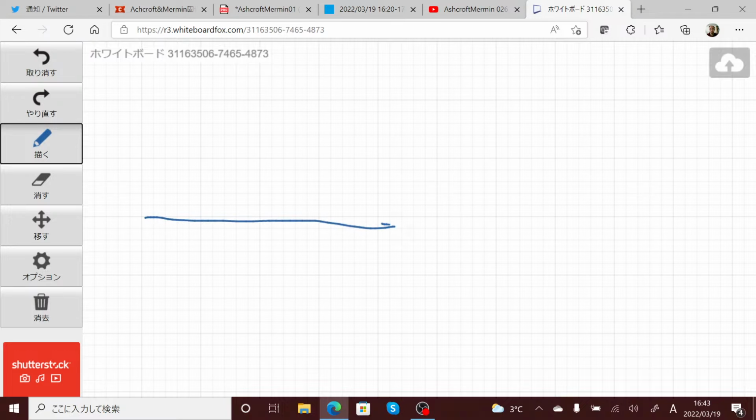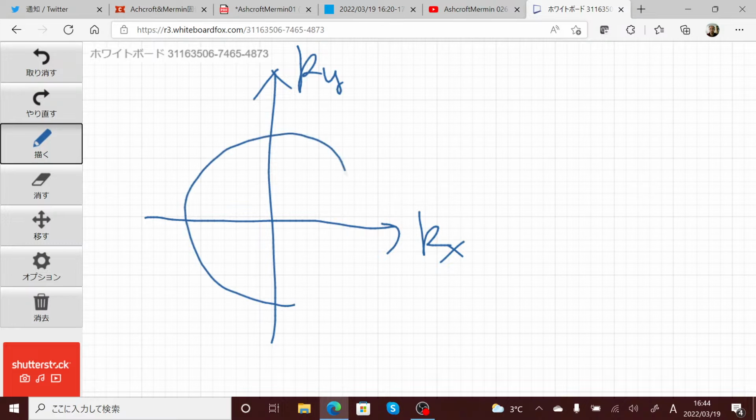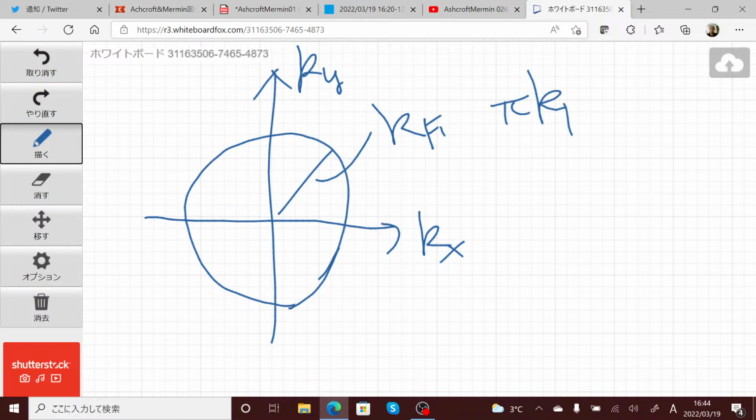K space is two-dimensional. So this is the Kx, Ky, and the Fermi sphere becomes a Fermi circle with radius Kf. So we have the area pi Kf squared.